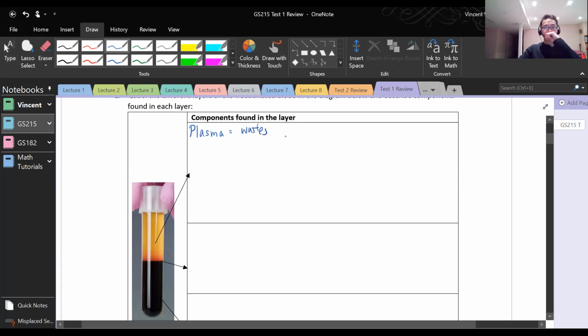So waste such as, any specific examples? No? Okay, carbon dioxide, urea, for example. But that's not necessarily the first thing that comes to my mind when we talk about plasma. Sure, there is a little bit of waste, but the major component of plasma would be what?